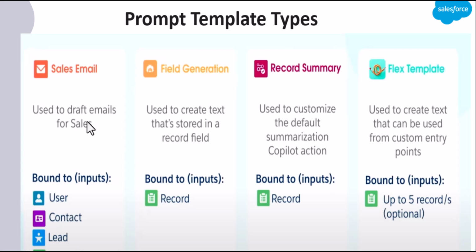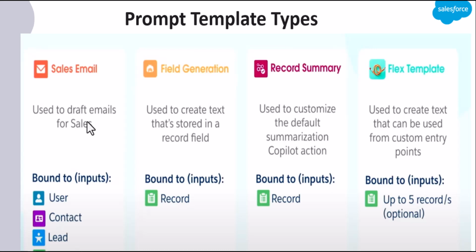So like this, whatever information we want to summarize in one field, we can create the field generation prompt template for the object. After that we have the record summary prompt template. So here we can use the record summary prompt template to customize the default summarization copilot action. Again, here the copilot action means AI action or agent action.